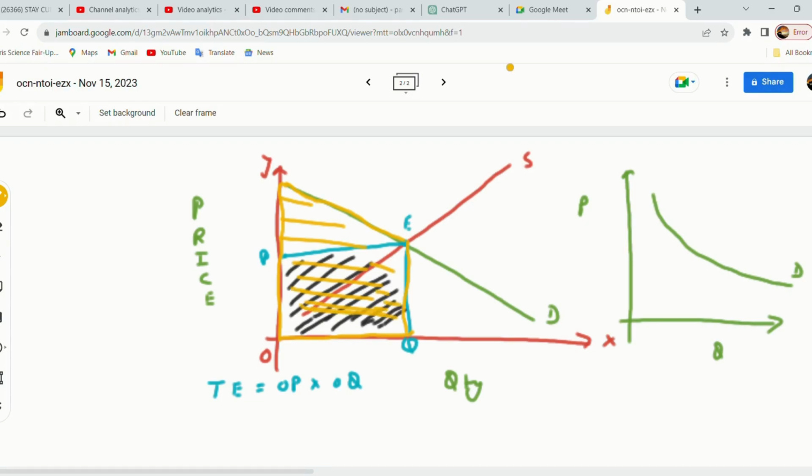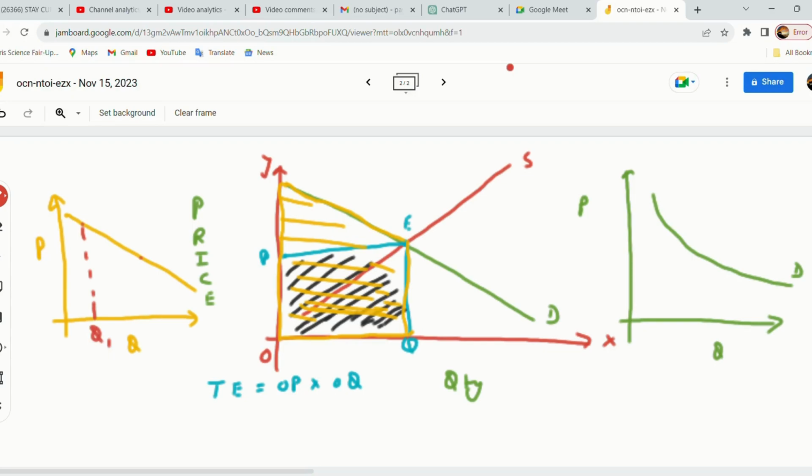So how am I saying this is the consumers' willingness to pay? For that you need to understand the meaning of the demand curve. A demand curve shows all those combinations of quantity and price which the consumer is willing to pay for that quantity.